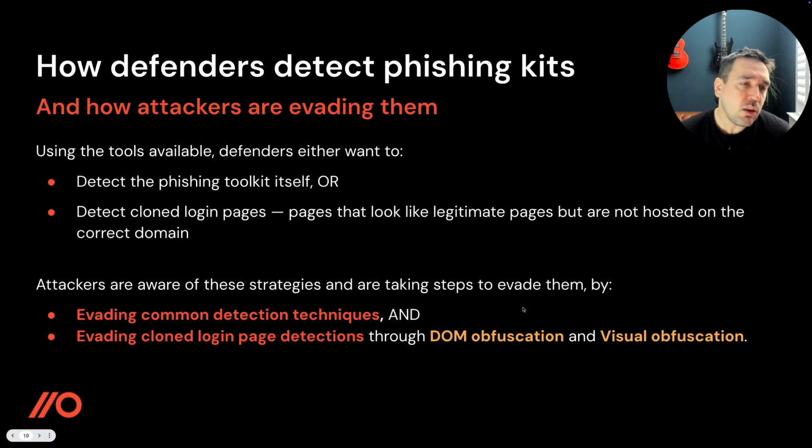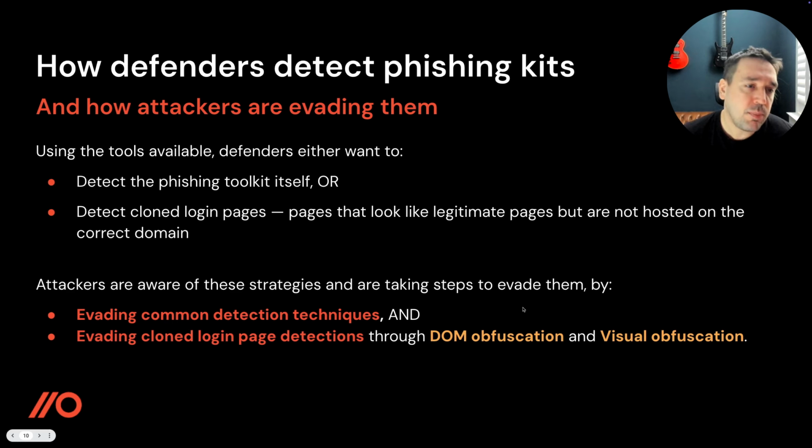So the question becomes, how do defenders detect phishing kits, and how are attackers evading them? From a high level, we're moving on from the TI feed bits. Of course, at a certain point, individual instances of phishing kits on certain domains and IPs are going to be detected and added to block lists. But we're trying to say, how do you get ahead of that?